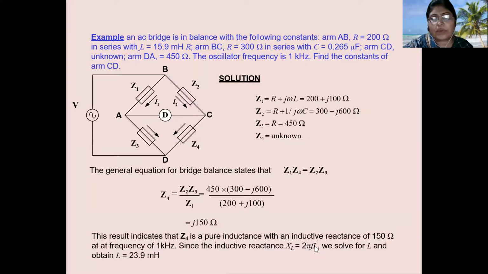And what is the value of XL? The value of XL is 150 here. So 150 divided by 2 pi multiplied by 1 kilo, that is 1 into 10 raised to 3. This is going to give the value of inductor equal to 23.9 millihenry.